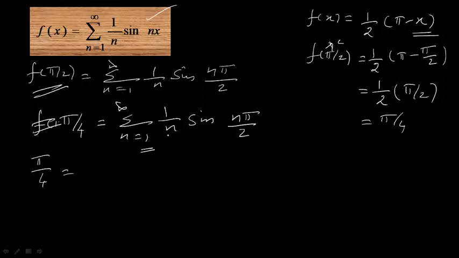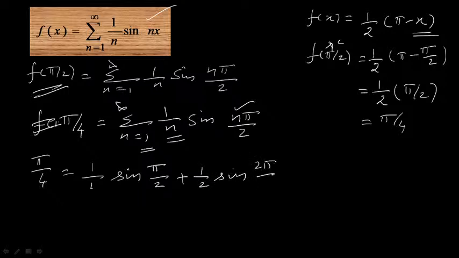First you have to replace the value of n by 1. In these two places we have n, so 1 over n is 1 itself, sine pi by 2, plus, next replace n by 2 and just expand the series: 1 by 2 sine 2 pi divided by 2.